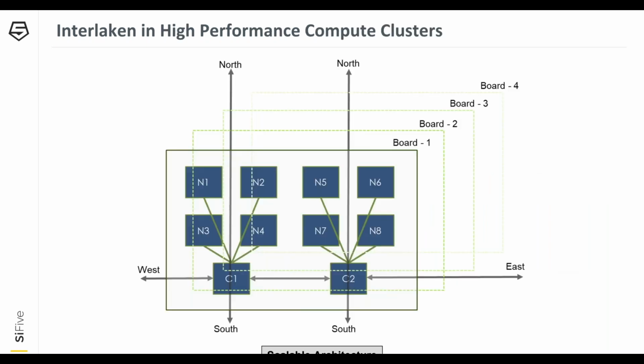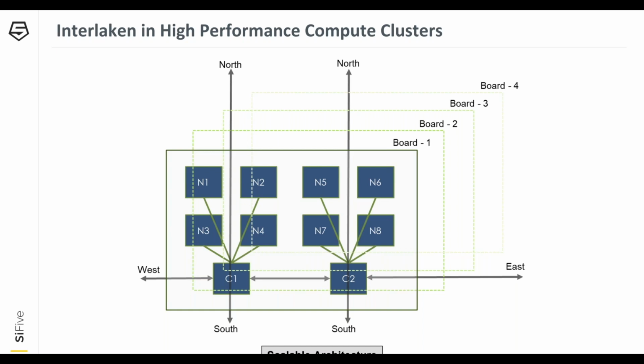Here is one more use case of Interlaken in high performance computing. You can see here that each node on a particular board, let's call it a compute element, is connected either among themselves or to the control element C1 or C2. The control elements are further connected to other boards either in the north-south direction or east-west direction.